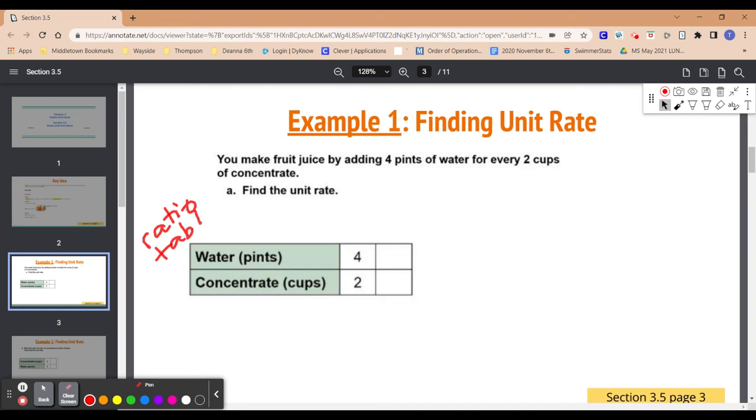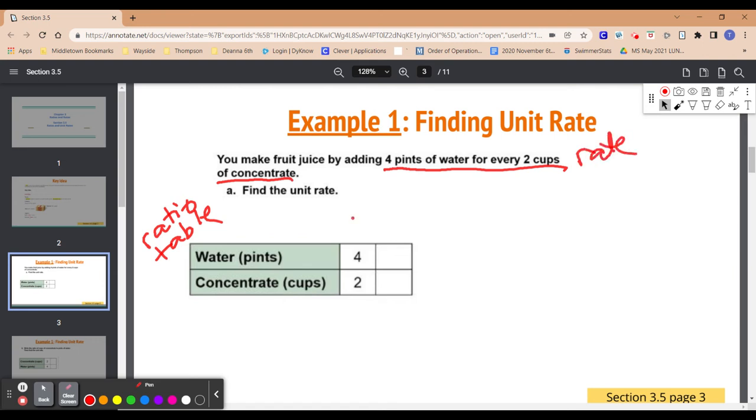And if you notice, they have water as pints, and they have concentrate, which is cups. And if you read up here, they give you the rate again. So it says 4 pints of water for every 2 cups of concentrate. And that's your rate.